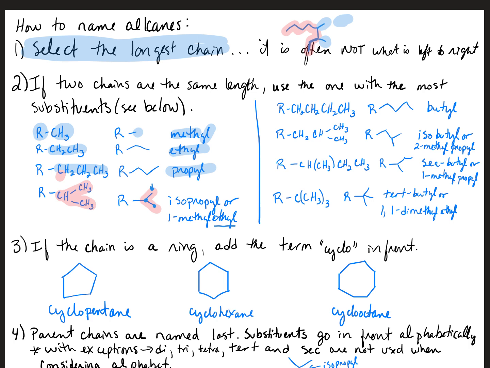When we get to butyl groups, there's 4 carbons, and that means you can have many different types of arrangements of them. So butyl that's just connected straight chain like that would be a butyl. We could also have isobutyl, where it's connected sort of in that forked tongue at the end. So again, that would be 2-methyl propyl. So those two things would sort of be the same thing. We could have what's known as sec-butyl.